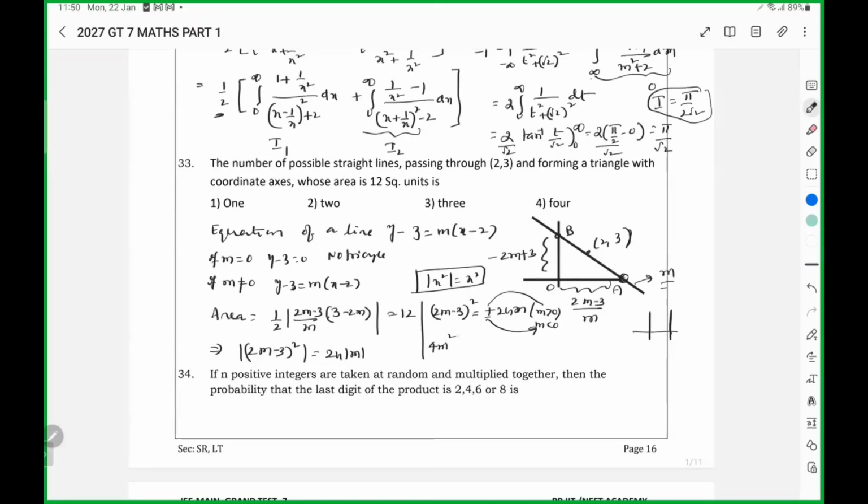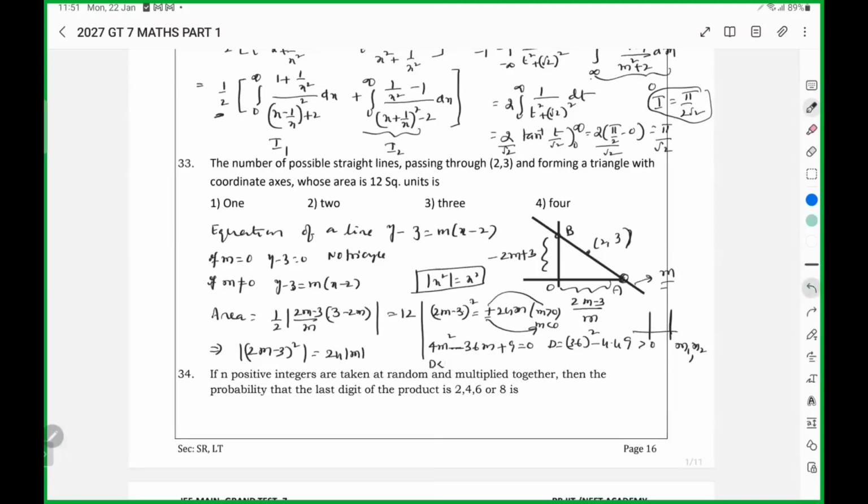So 4m square in both cases, minus 12m minus 12m, minus 36m. If you take plus 24m, here the discriminant, if you find b square minus 4ac, is greater than 0, so two m values are possible, meaning 2 lines are possible.